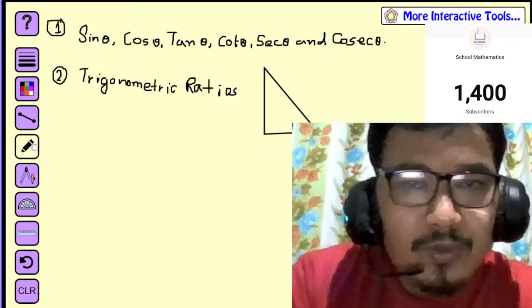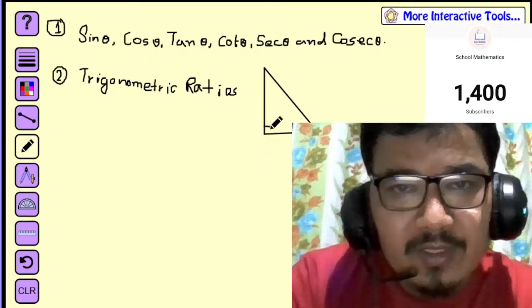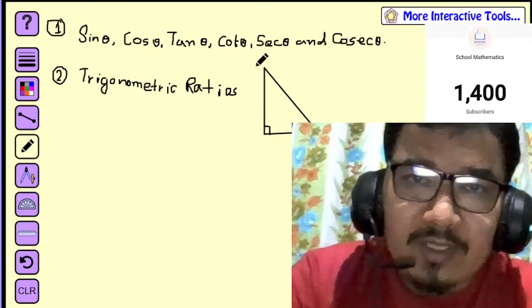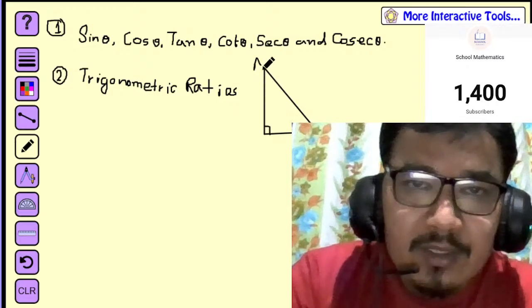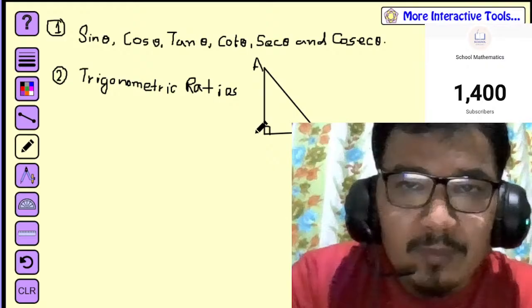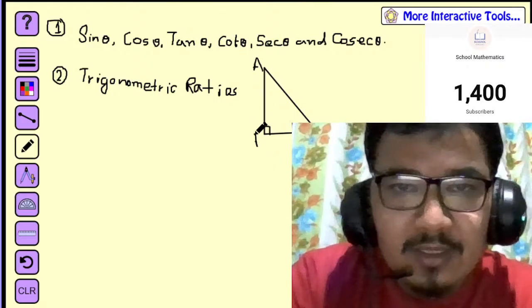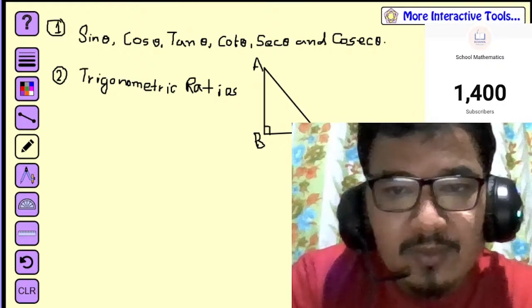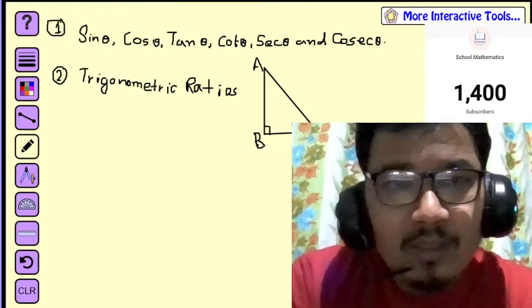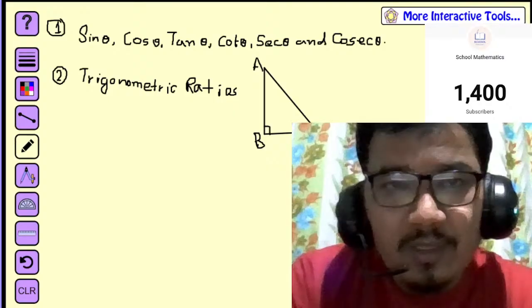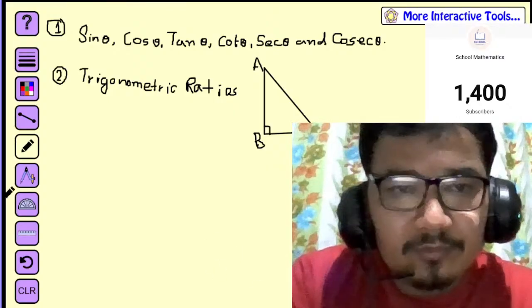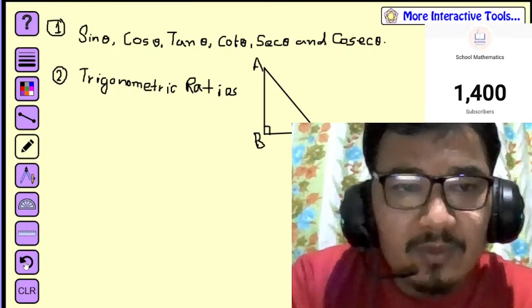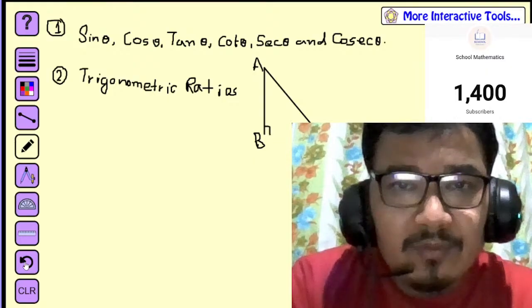Here I want to show you ratios, okay, by taking the help of this right angle triangle. This is suppose A vertex and this is B vertex, right? And this is C vertex, okay? Okay, now look here. This figure I want to draw again, right?